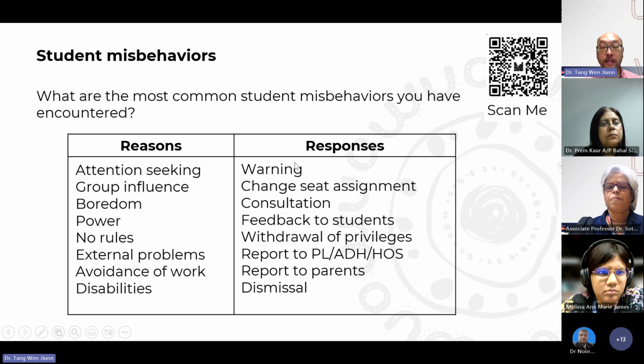If the in-class warning is still not working, and their issue is they're making noise because they're sitting next to their friends, we can do some activities that change the seating arrangement. Then we observe again, will that happen again in the future? If things still persist, then we call them out for consultations, either one-to-one or with the presence of the academic department head or head of school.